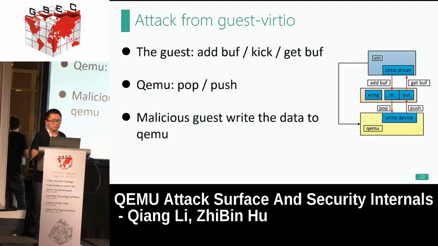Then when it has prepared the data, it triggers a kick to notify the QEMU part to fetch the data. QEMU can pop the data up and process the request, and when it finishes the request, it will push the results to the virtqueue out buffer, and it will notify the guest through an interrupt.